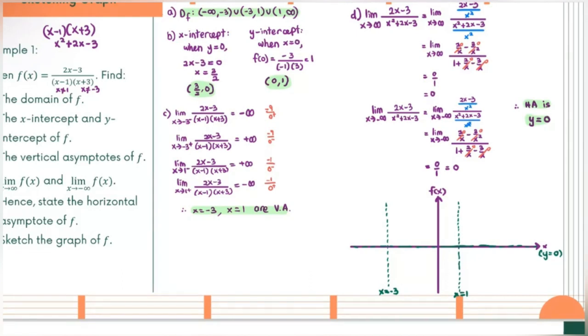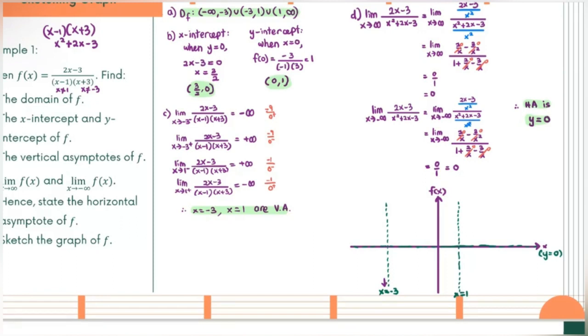Let's look at this value. So as x approaching -3 from the left, kita dapat value -infinity. So here adalah -3 from the left. So negative from the left, value of y kita adalah -infinity. So saya akan buat arrow ke bawah.